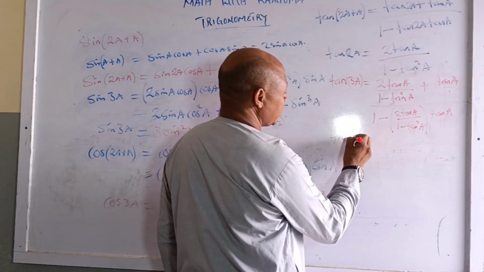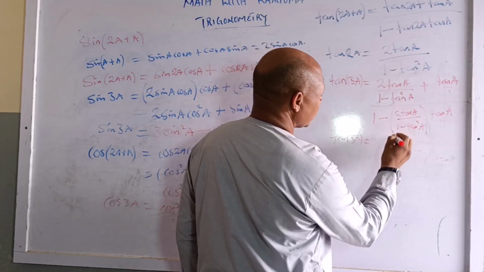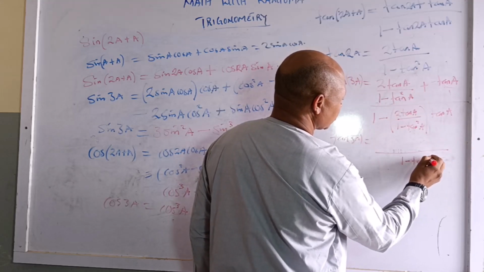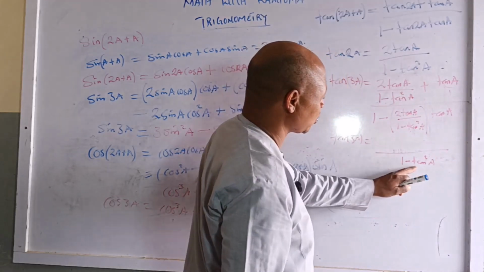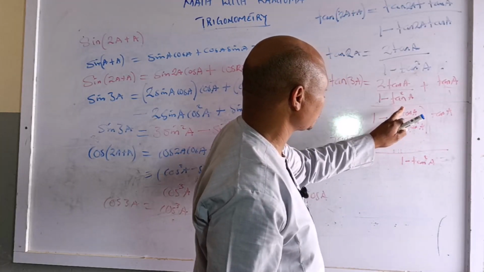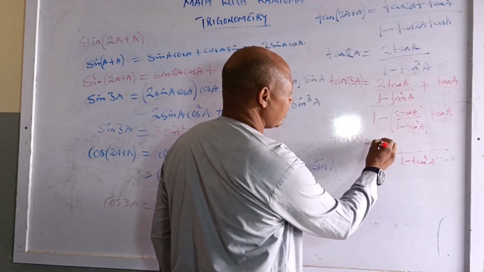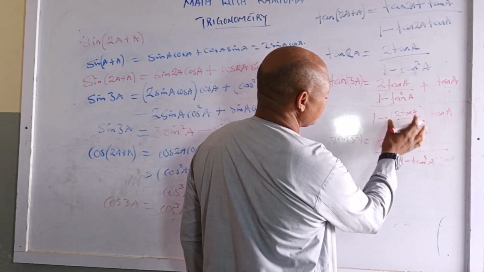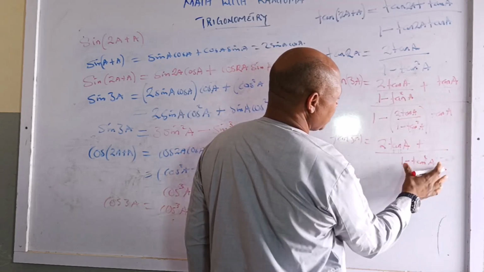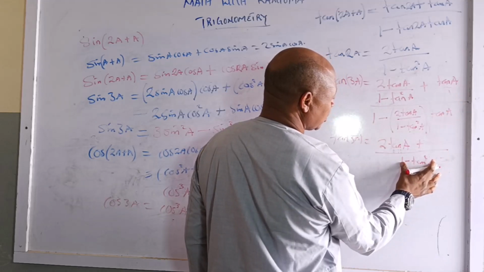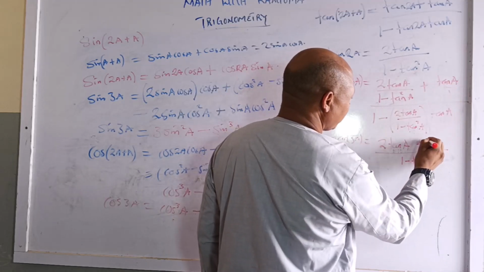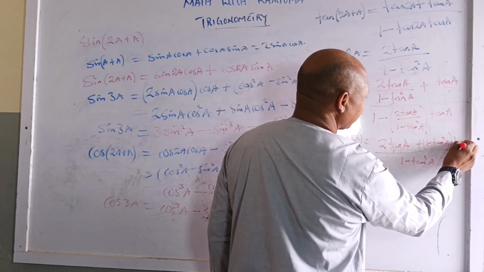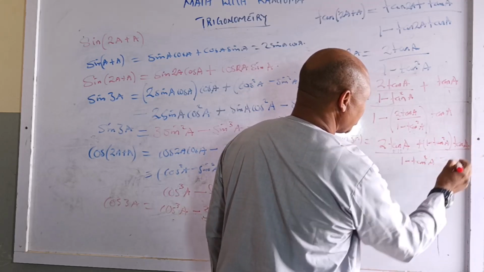So tan 3A is equal to, my LCM for the numerator is 1 minus tan square A. Now 1 minus tan square A divided by 1 minus tan square A is 1, so we have 2 tan A plus tan A times 1 minus tan square A for the numerator.